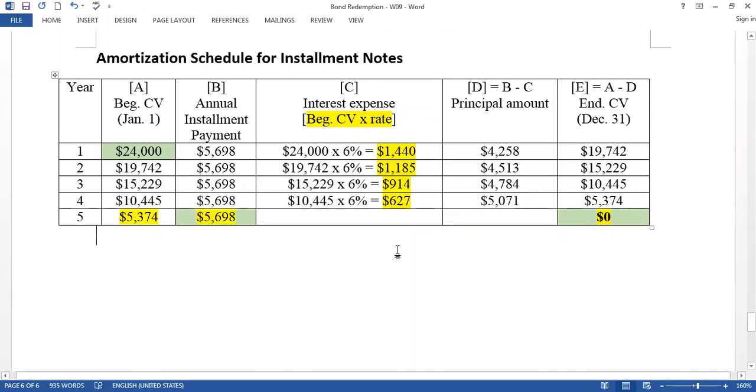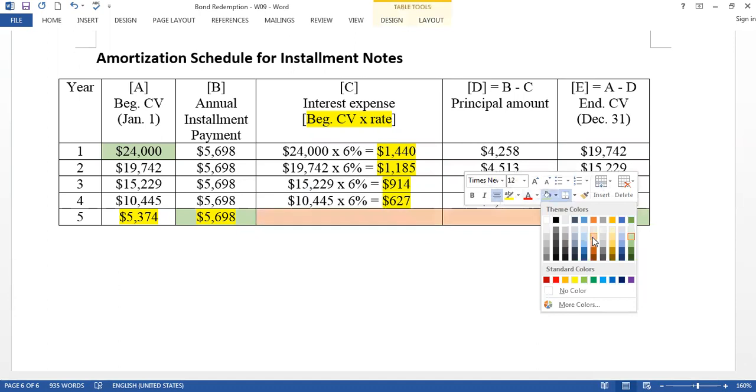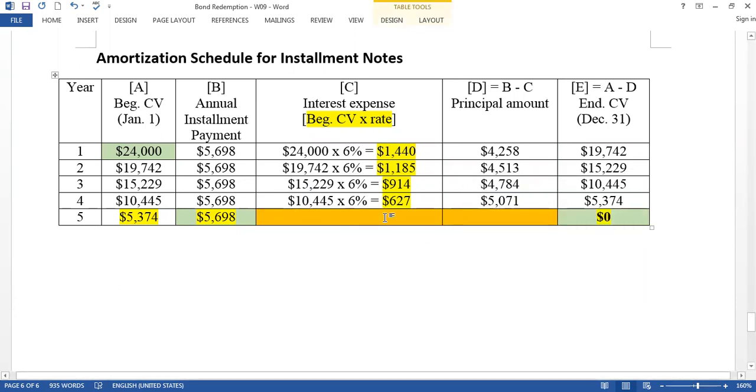So if these 3 items are fixed, then what should be the dollar amount here? Because A, B, and E are fixed. How much is A? $5,374 is fixed.